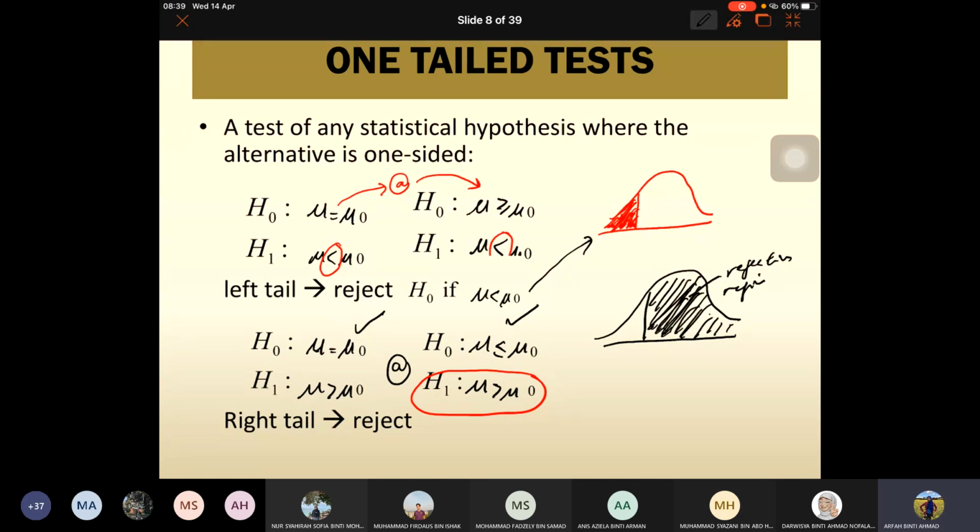So sebab itu adalah dia satu sided. Kita nak tentukan one sided atau two sided, tengok dekat awak punya H1. Okay. So rejection tail is on the right tail. Dia punya rantau penolakan atau rejection region is on the right side of your table. Okay. So then only we have this is one tail test.